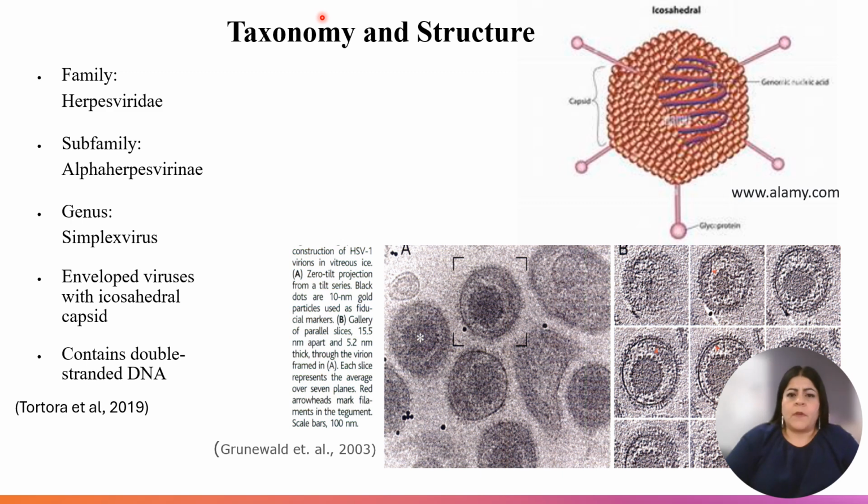The virions, or virus particles, are generally round but can vary in shape, as you can see down here. They are surrounded by a membrane about 5 nanometers thick with diameters ranging from 170 to 200 nanometers, averaging 186 nanometers. Spikes on the surface increase the average total diameter up to about 225 nanometers.